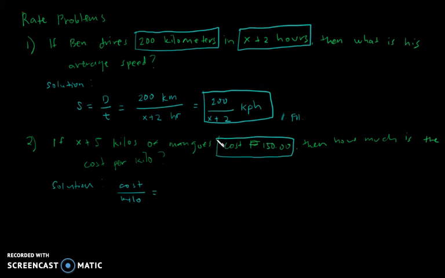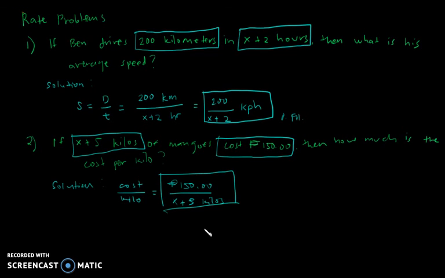How much? That is 150 pesos all over kilo. So you have here the kilo, that is x plus 5 kilos. So this will be your final answer. So cost per kilo is 150 pesos per x plus 5 kilos.